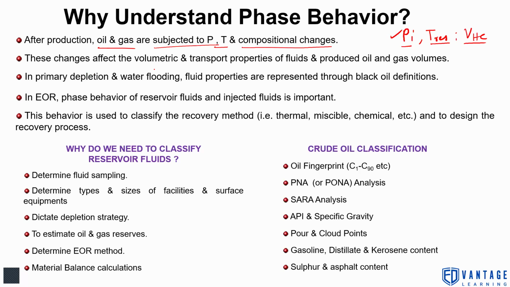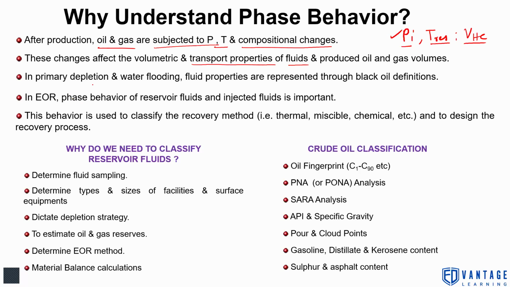These changes affect the volumetric and transport properties of fluids. So the main basic thing of this course is that we will walk through all the areas where this PVT analysis is used in the industry. This 5-day course will focus on every aspect of this topic in all oil and gas industry operations, not just reservoir engineering.